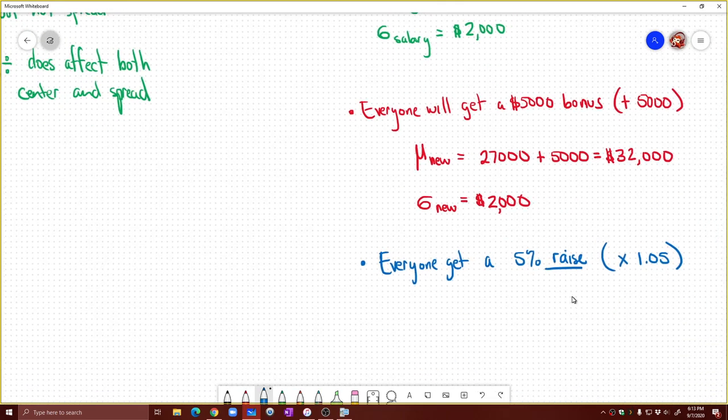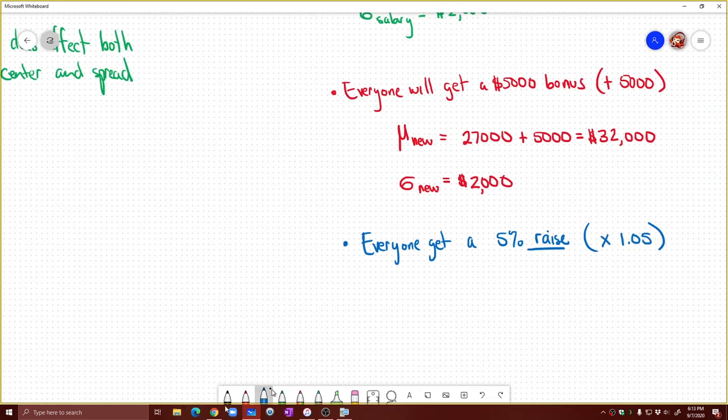So now this time, what would the new mean and standard deviation be? So now the new mean under this plan, and what would be the new standard deviation under this plan? Okay, so we're going to take our mean, and now that we are multiplying both the mean and the standard deviation, we'll multiply by this number.